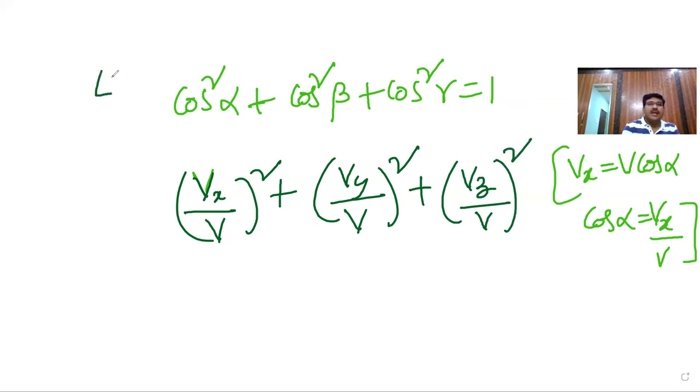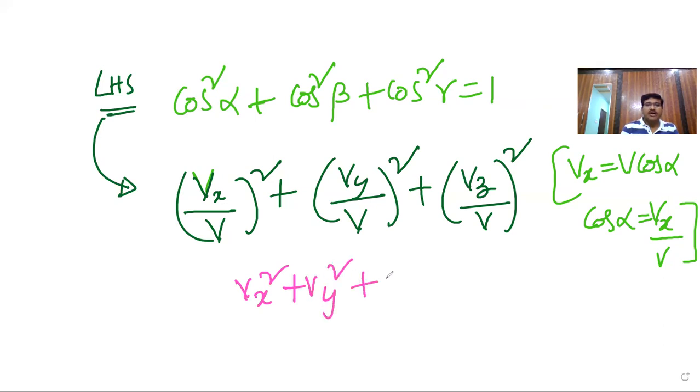Taking the left hand side and simplifying, after taking LCM, it is Vx square plus Vy square plus Vz square by V square.